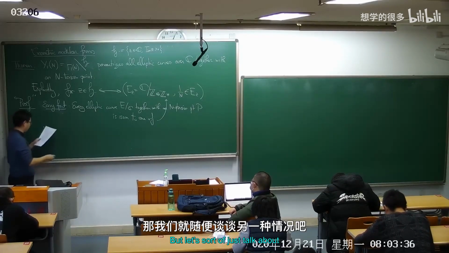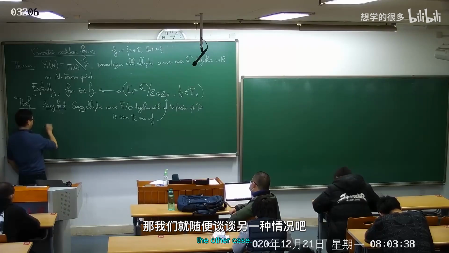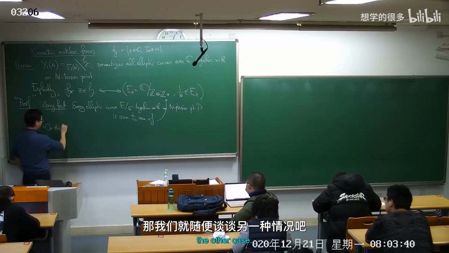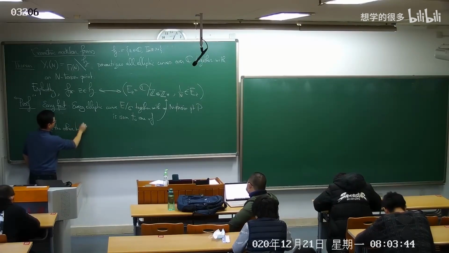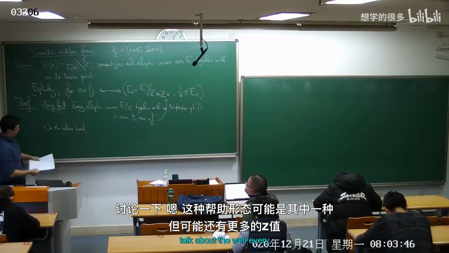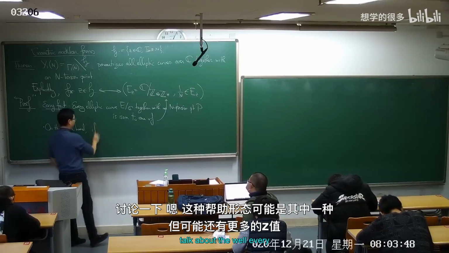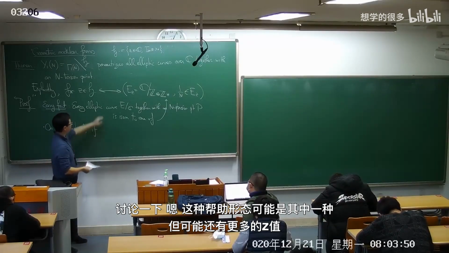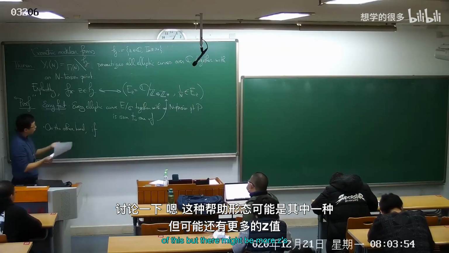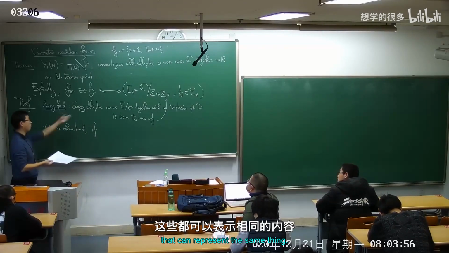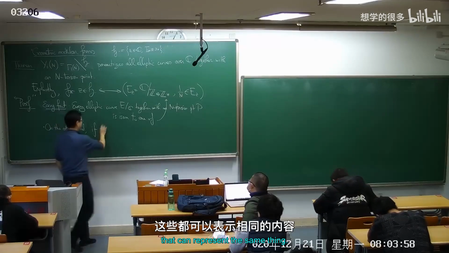But let's talk about the other case. Every elliptic curve is isomorphic to one of these, but there might be more z's that can represent the same thing.